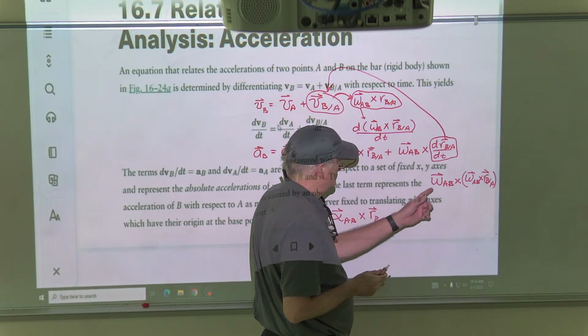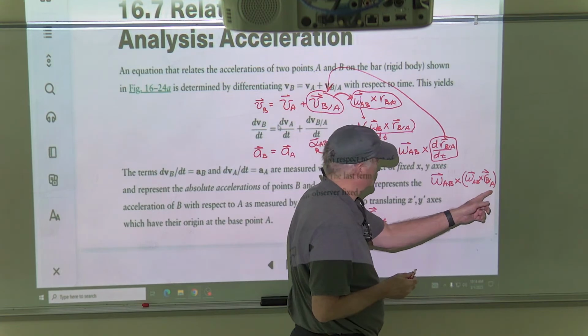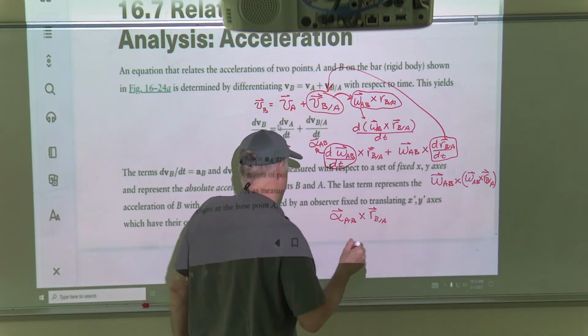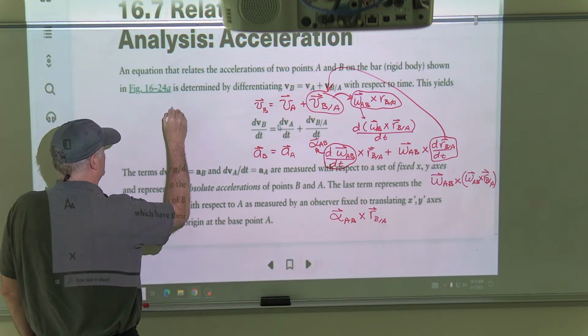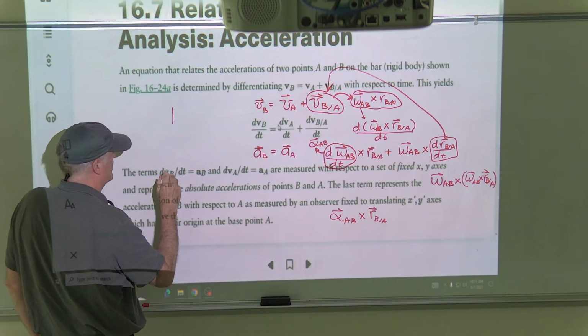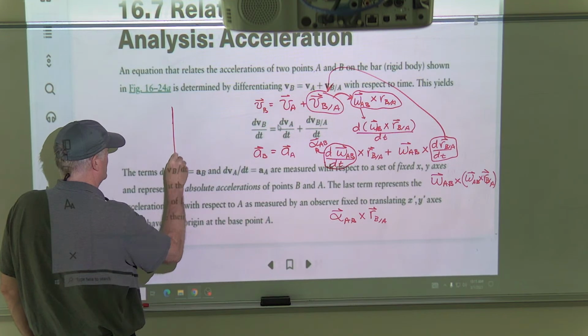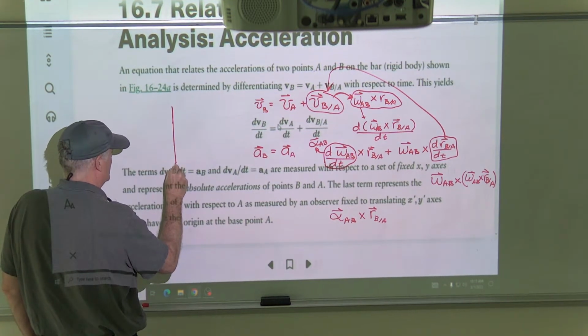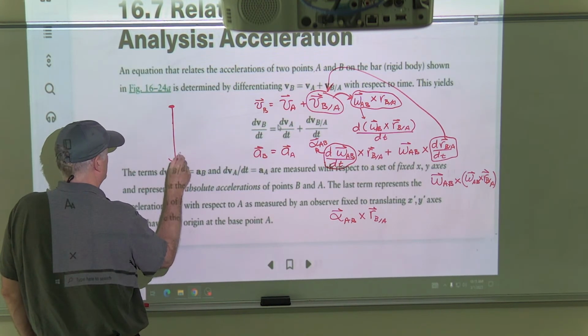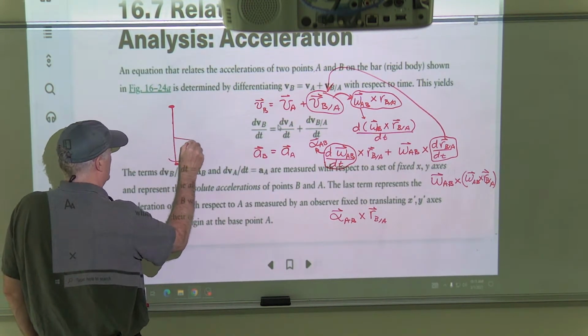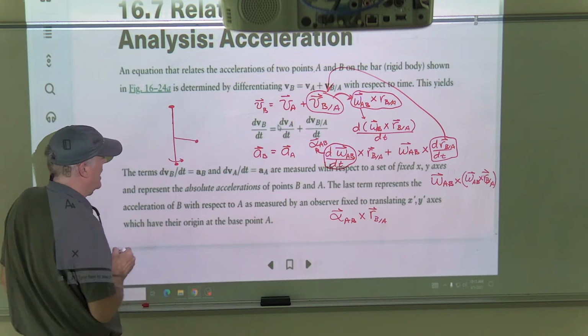Now, looking at the complexity of this term, we find out something interesting. I wonder if he has a good drawing. I'll try to do the best drawing I can. So say you had something rotating about an axis here, spinning right here. So you're out here at some point.